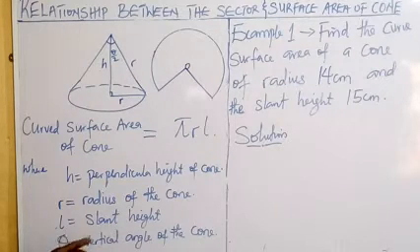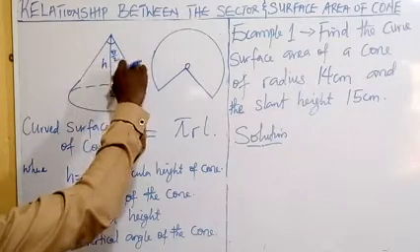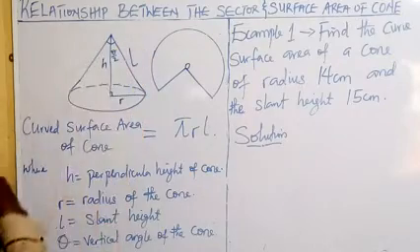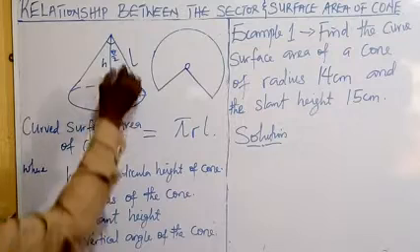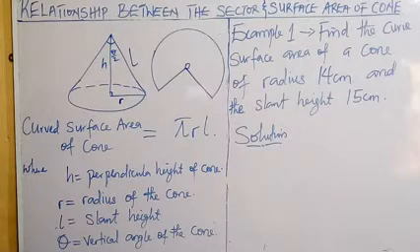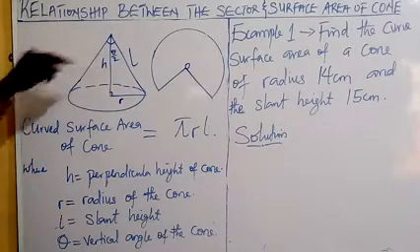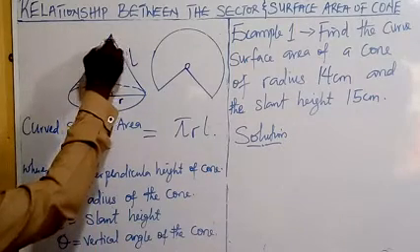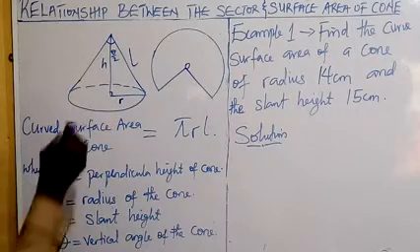The L represents the slant height. Don't forget, this is our R, the radius, and this is the slant height L. While theta is the vertical angle of the cone, we represent this angle in our former sector as theta.